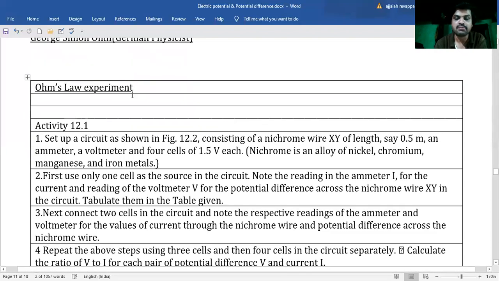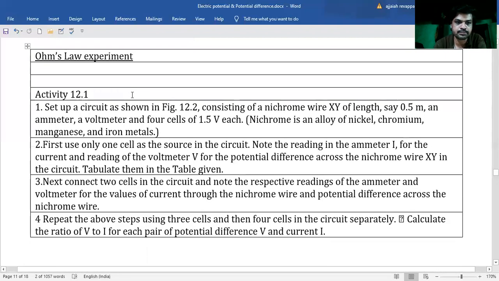The question may come like this: build an experiment to study the relationship between electric current and potential difference. Or the same question can be asked in another way: design an experiment to establish a relationship between electric current and potential difference. Or one more way of asking the same question: design an experiment to verify Ohm's law. There are three ways of asking the same question. Fine.